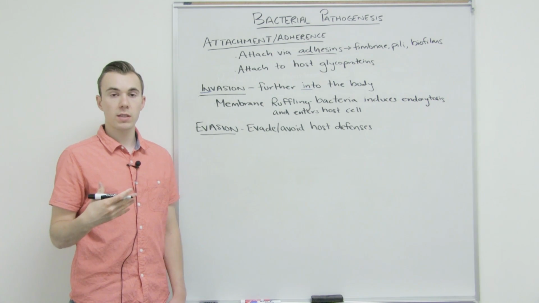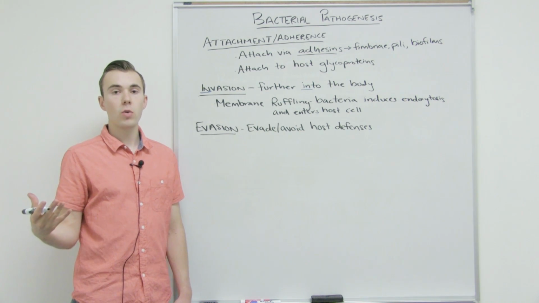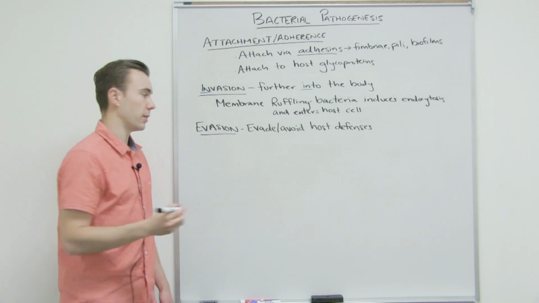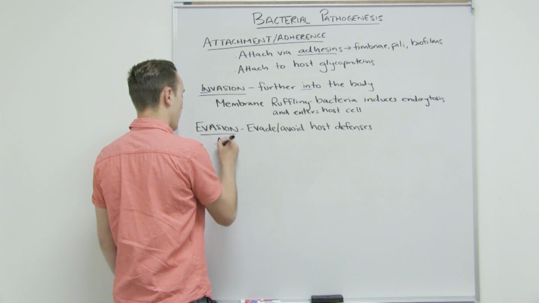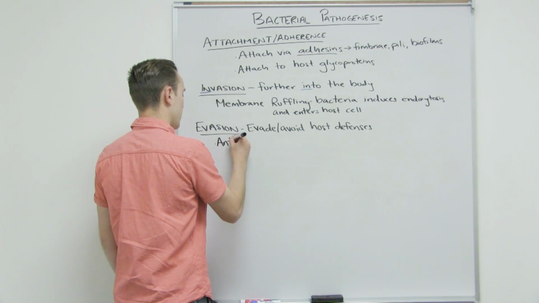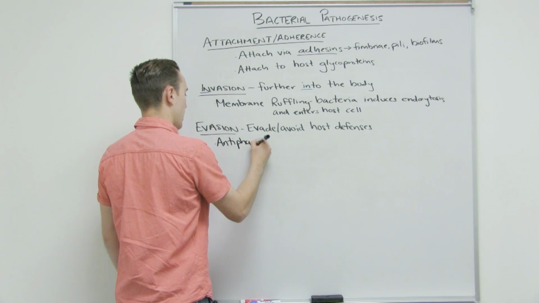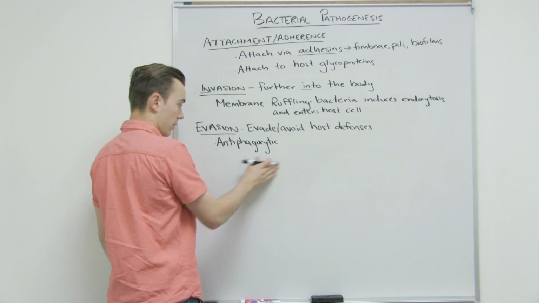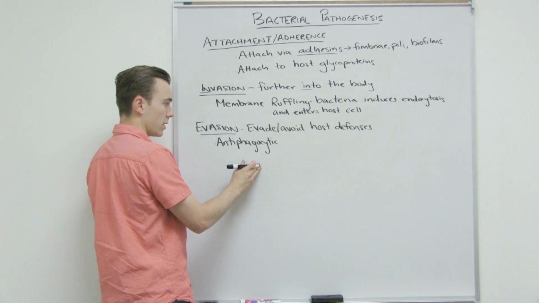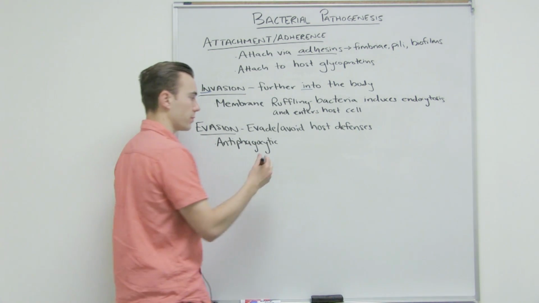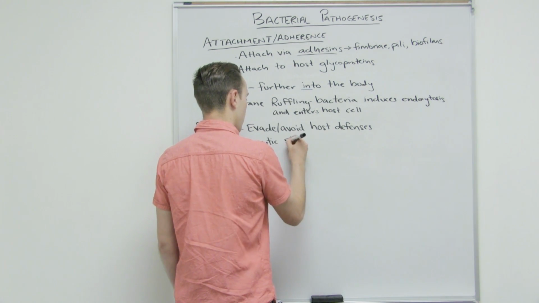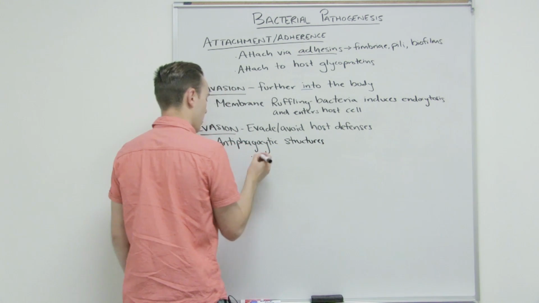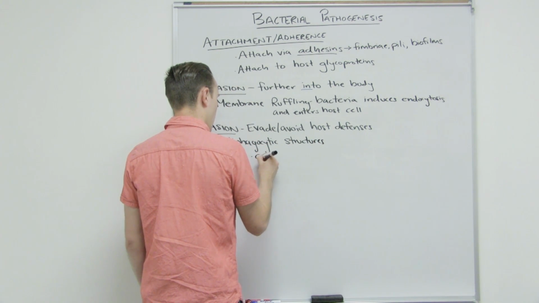One way is through a process called phagocytosis, which is where a phagocyte is going to engulf and destroy a bacteria. So they want to avoid that. So it's called anti-phagocytic structures. Anti meaning against, so against phagocytosis, and these are structures the bacteria makes to prevent themselves from being eaten. And these include capsules.